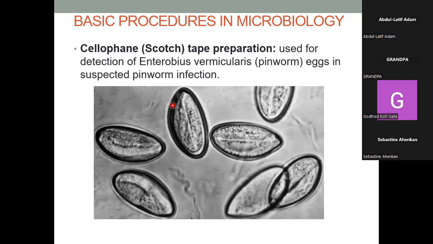So you put the sellotape on the slide, remembering that it is the adhesive portion that touched the perineal area. You put that same adhesive portion on the slide, so that the non-adhesive part is on top and serves as a cover slip. That's why I'm saying use the special sellotape that is plain, so that it serves as if it is a cover slip.